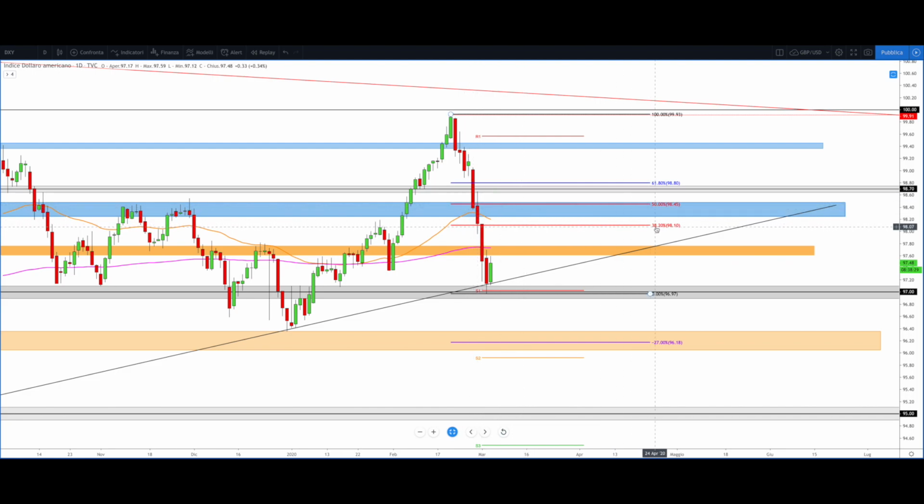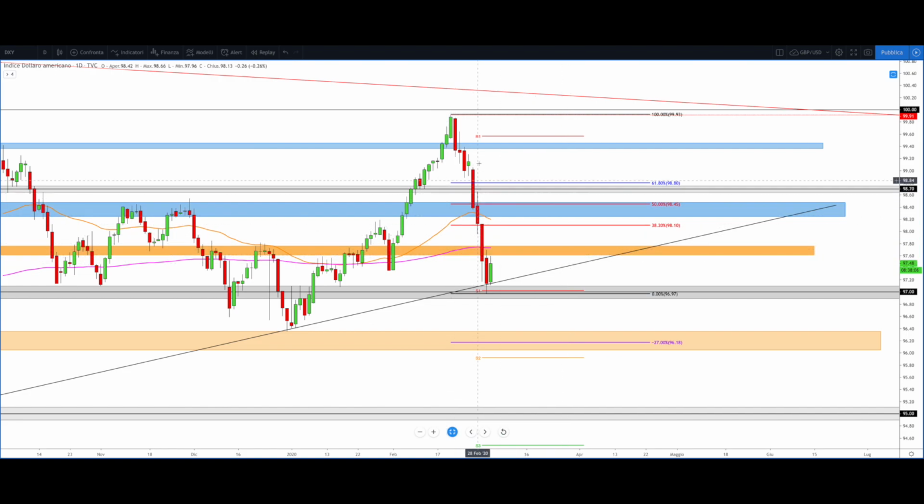This Fibonacci retracement 38.20 perfectly matches 98.10. We can see a previous resistance here, and then this Fibonacci retracement, one of our favorite retracements, perfectly matches this slowdown area that we explained before that has contained the price for many weeks.